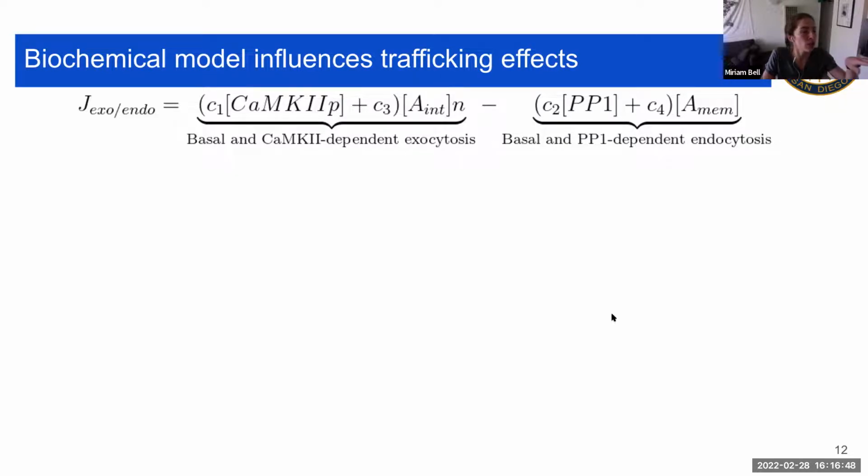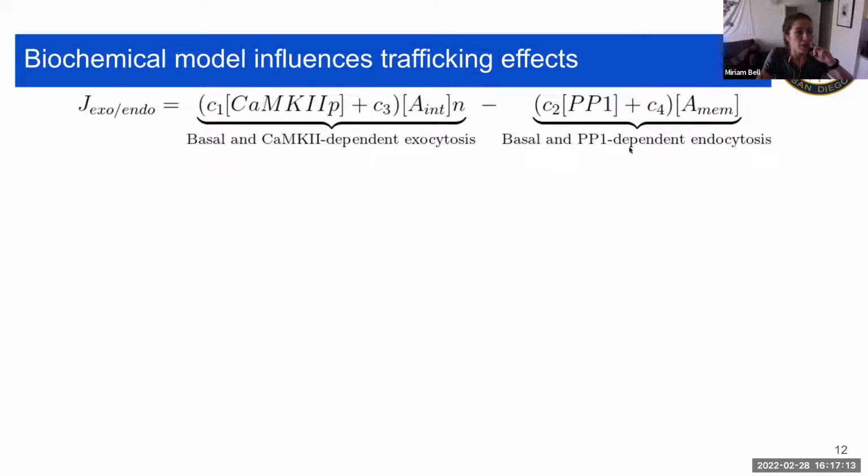Okay, so if we look more closely at these endo and exocytosis terms, you can see that we have a species-dependent term, C1 and C2, and then we have a basal term, C3 and C4. So we want to consider the system with and without an influx term that I don't show. And then we want to scale the relative contributions of endo and exocytosis in 2 different ways.